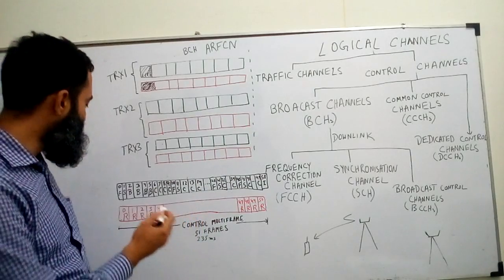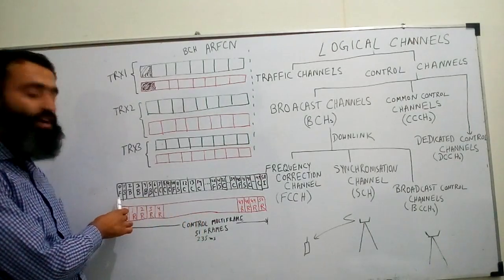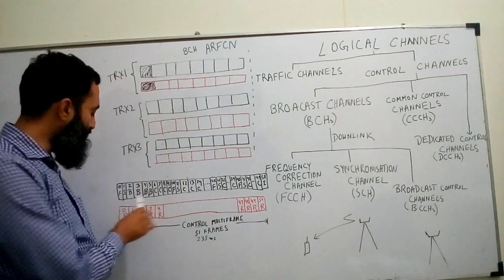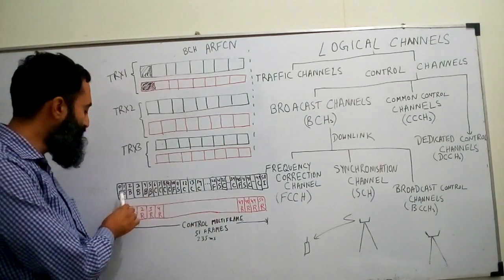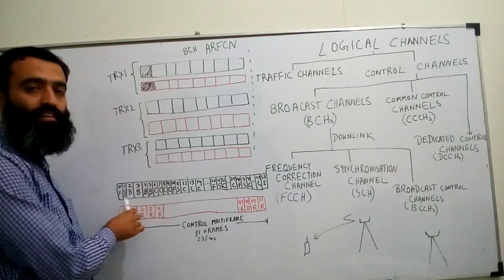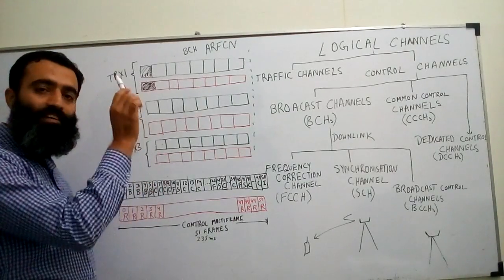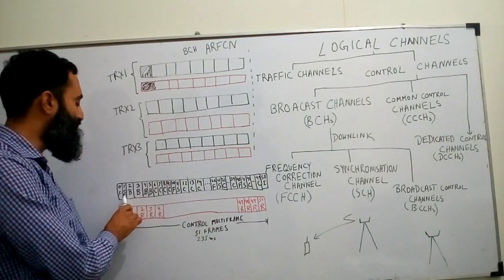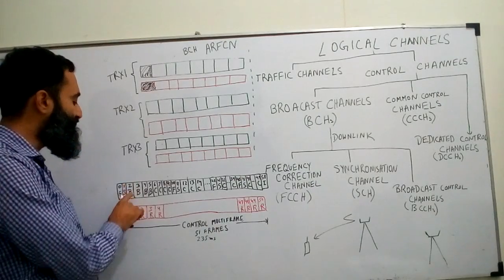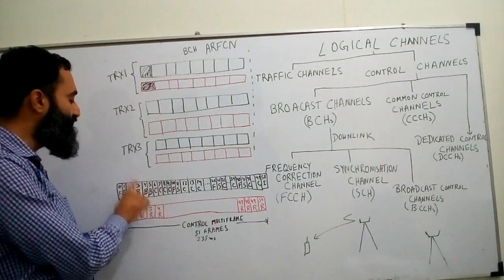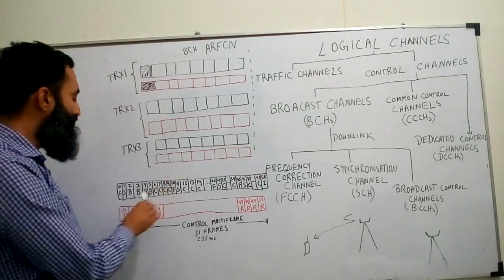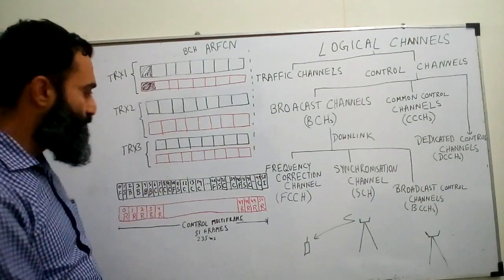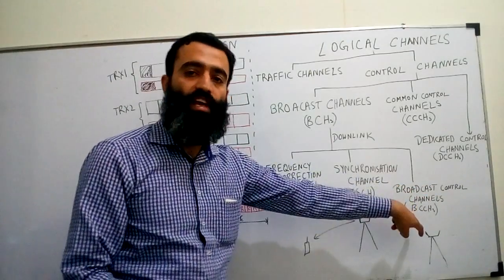Now here I can see that in the first time slot of the first frame I have the frequency correction channel, and in the first time slot of the second frame, I have the synchronization channel. And then in the first time slot of the third, fourth and fifth frame, I will have the broadcast control channels.